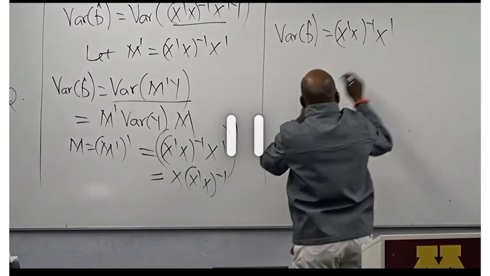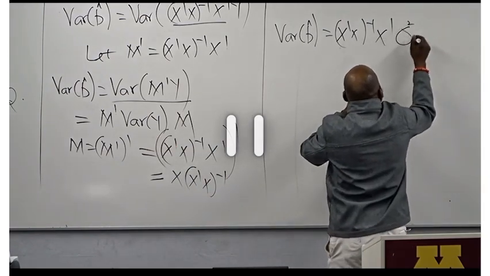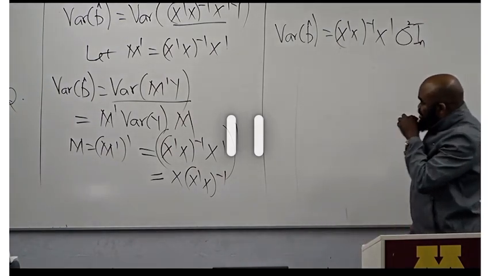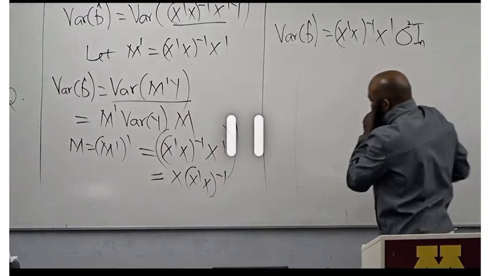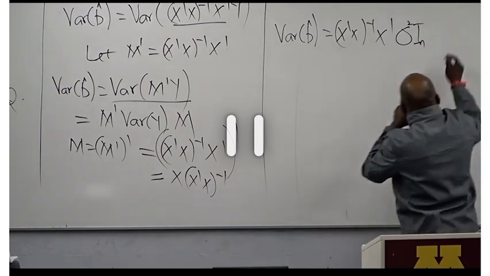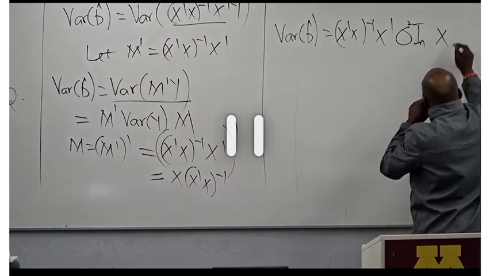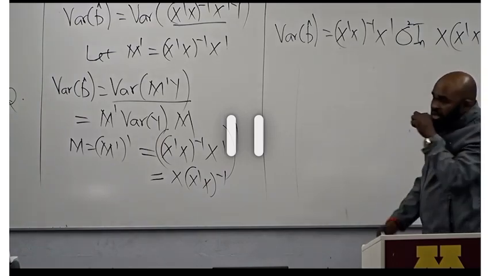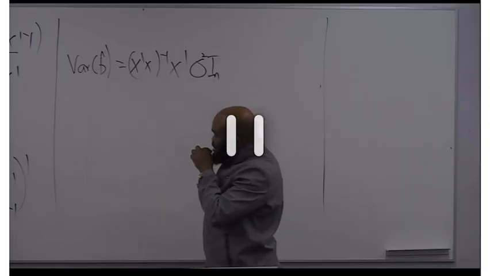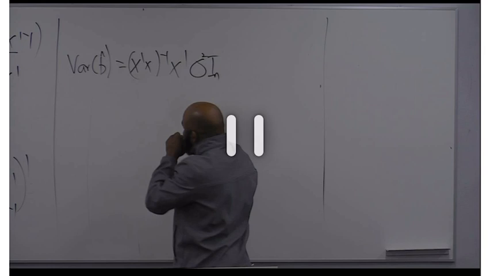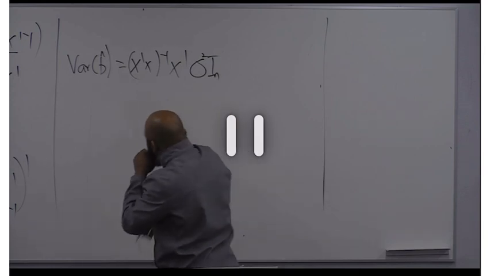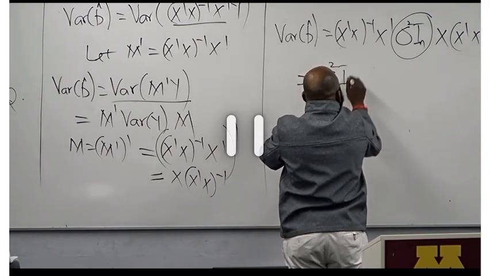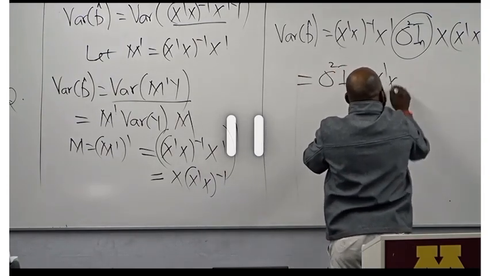So it's sigma squared identity. Then what is M? M is that guy. So X, this. Now because this is a constant variance by assumption, this guy is going to move out. Then I'm going to have sigma squared this, then I'm going to have this.